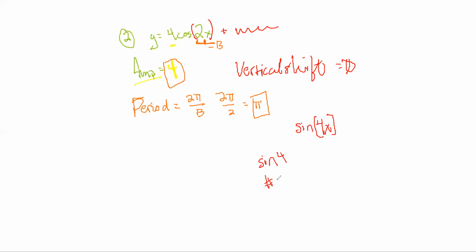This is a function that doesn't have any variables in it. If I write it like this, what I mean is that this is 4 times x, and this makes it a function that actually changes. Because if it's just sine of 4, it's just a point. There is one specific number that this correlates to.